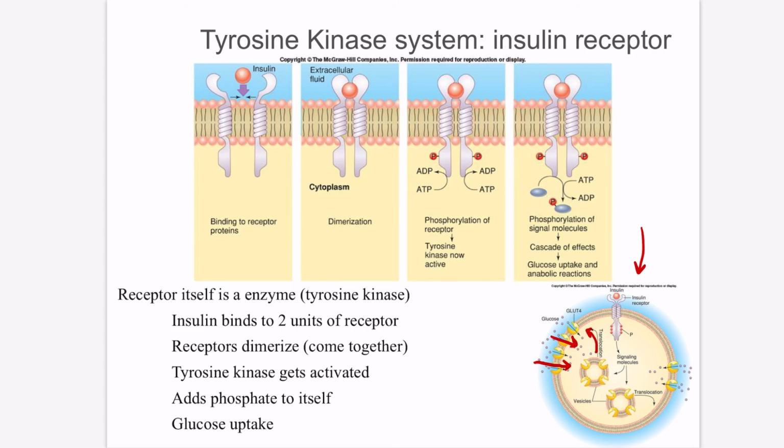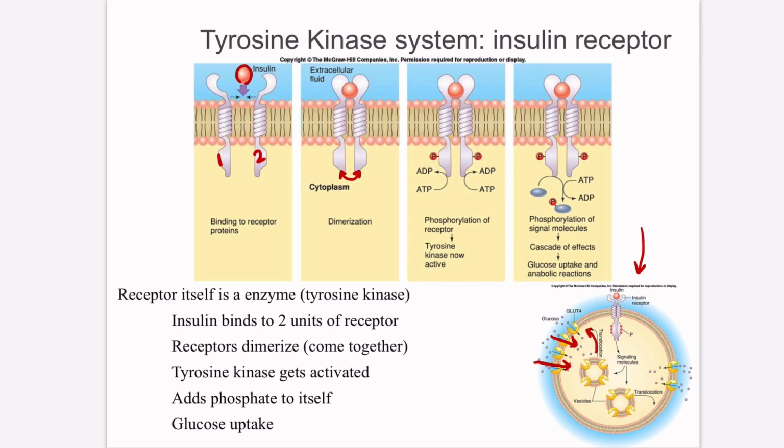But these use a tyrosine kinase system. So the insulin receptor itself is an enzyme, tyrosine kinase, and notice here that the insulin binds to 2 units of the receptor, and that is going to allow for these receptors to come together, aka dimerize, and the enzyme tyrosine kinase gets activated.